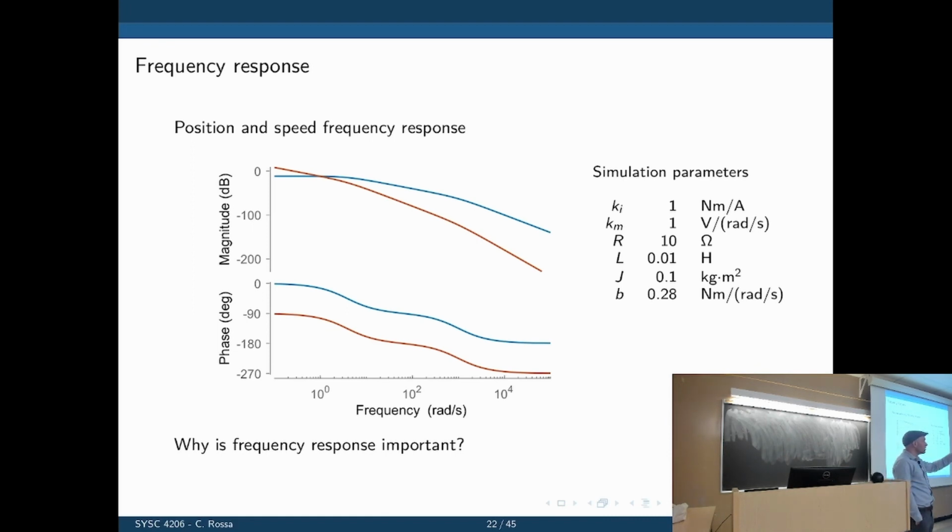It makes it steeper. It adds negative 20 dB. So which one is position? Position is red. You see that red is steeper than blue. It's the integral. So this is speed and this is position.